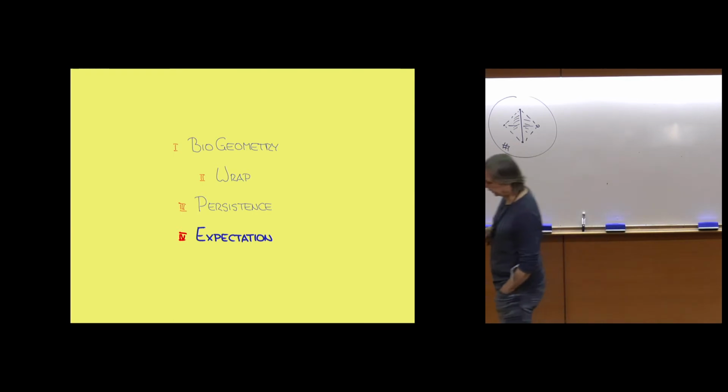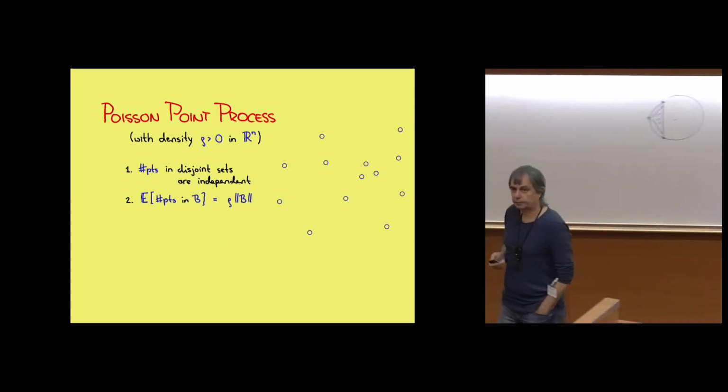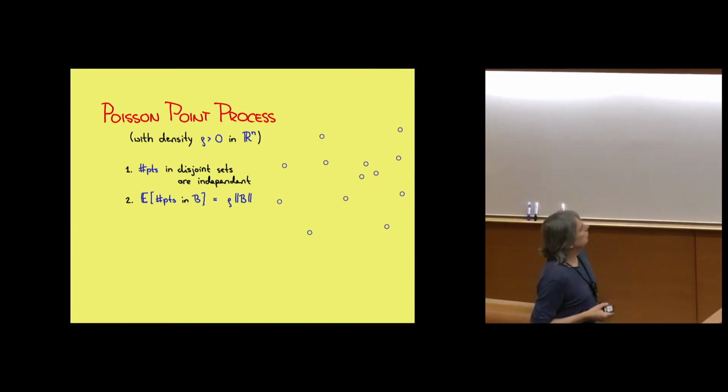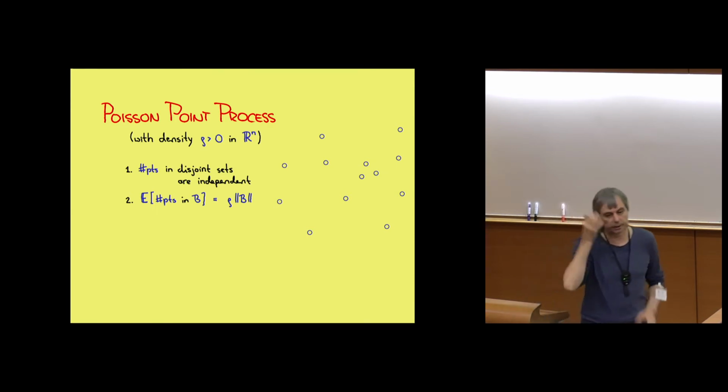So the setting is we have a Poisson point process. This is like a uniform distribution, but over the entire space. What it really says is that in two regions, the number of points in the two regions is independent, or in any number of regions.